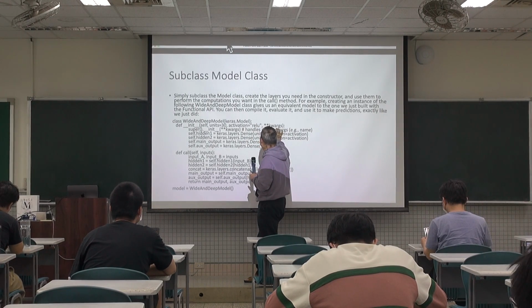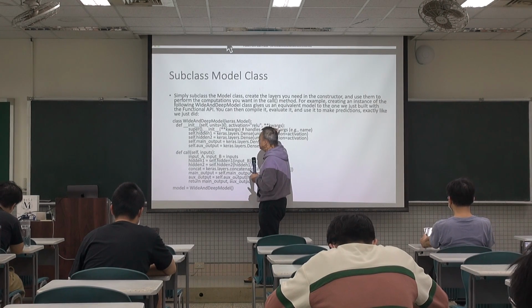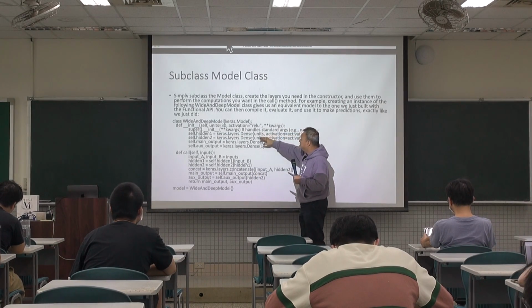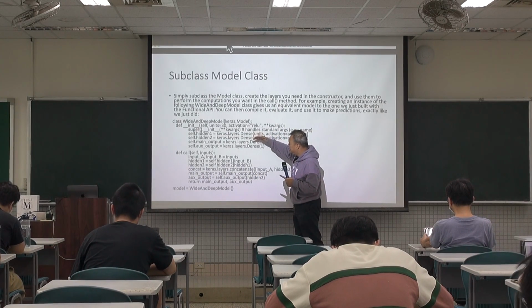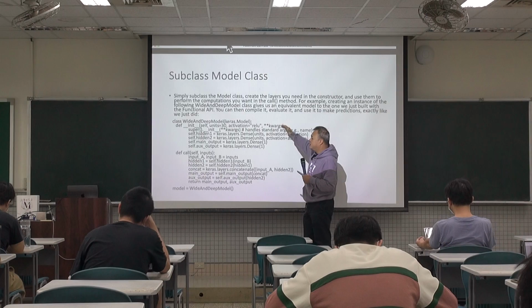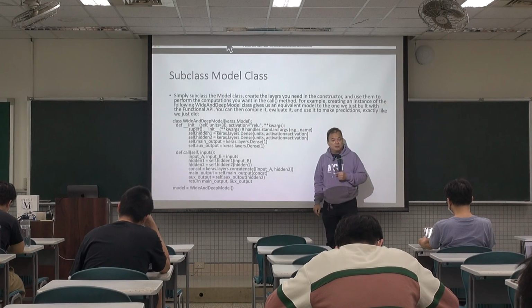This kwargs just means the input arguments. And then we specify, for example, the first dense layer, the second dense layer, and the main output, auxiliary output. So we specify all those here.